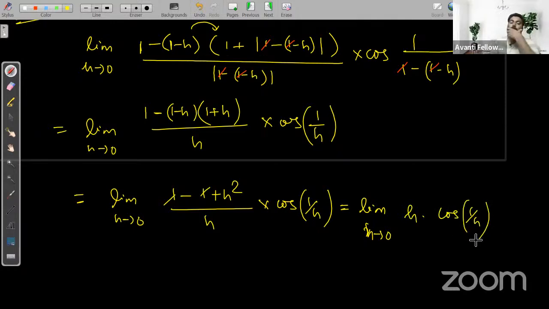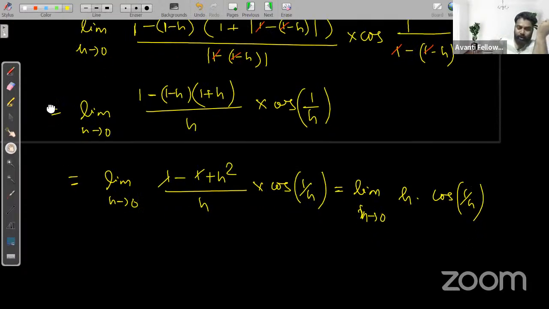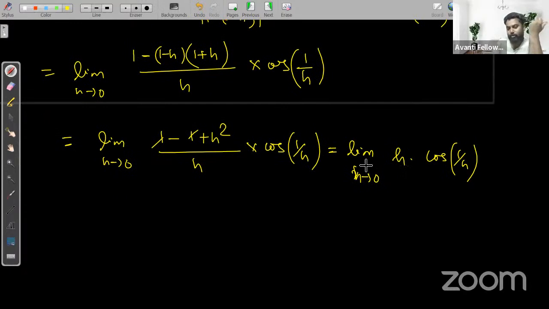So when we put the limit, h tending to 0 and cos of something, this will give you a value in between minus 1 to 1.